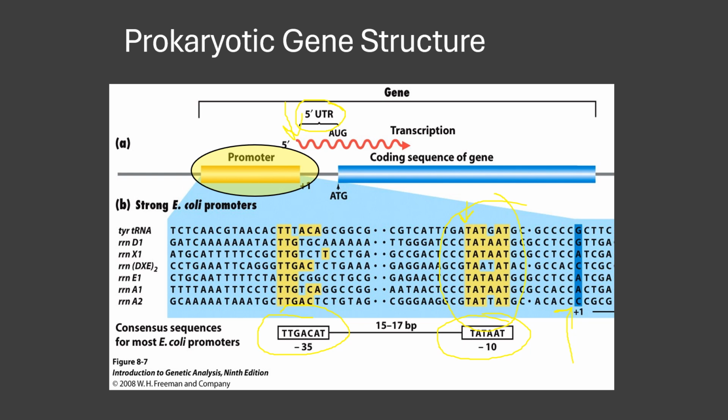So this 5' UTR stands for the 5' untranslated region of the mRNA molecule. So that's where the RNA molecule itself exists, but not all of that mRNA is translated. You don't see translation until you hit a start codon.